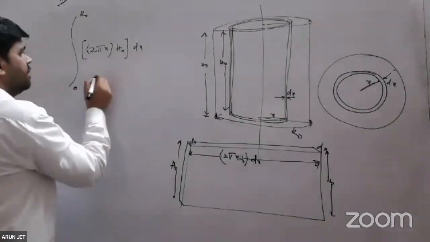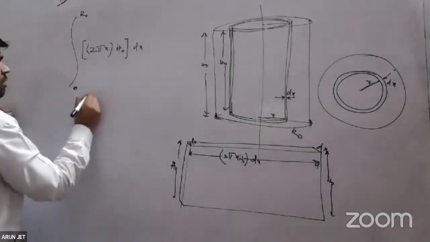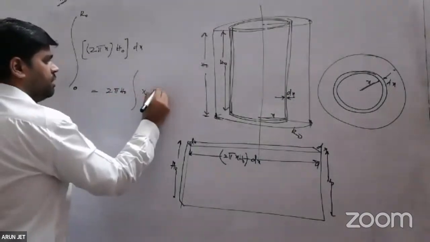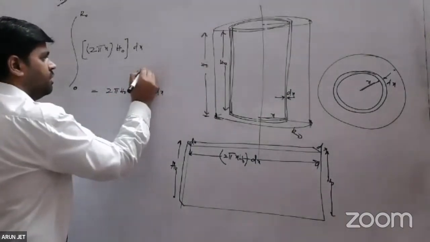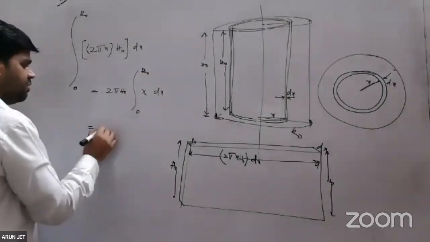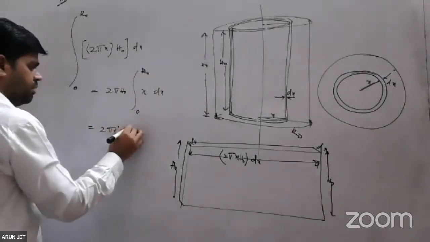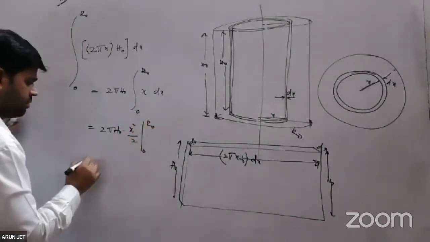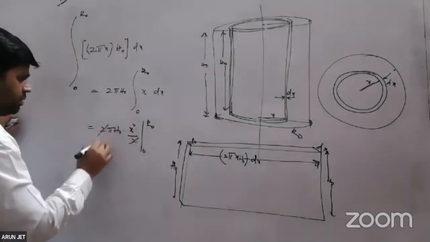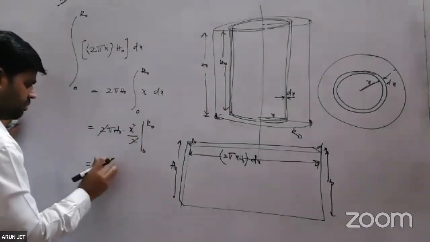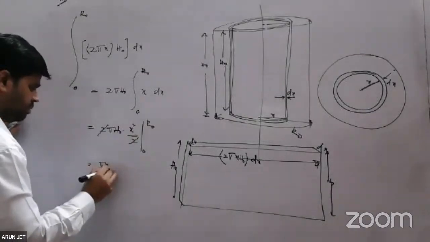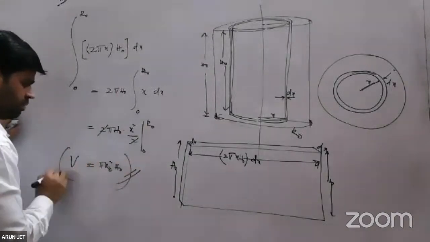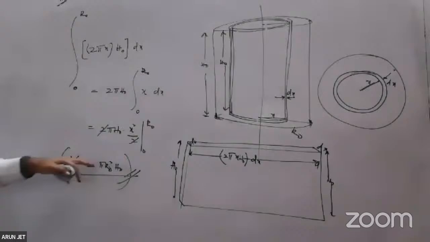2 pi h is constant, which comes out. Integral x dx from 0 to r naught. Integral x dx is how much? This is what you will get: pi r square h.